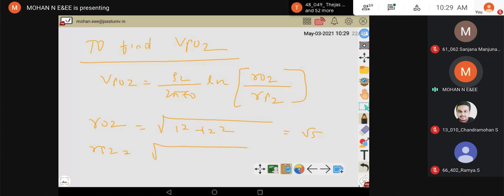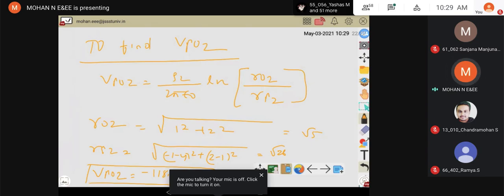For RP2, consider only the x and y coordinates of P. It is minus 1 minus 4 square and 2 minus 1 square, that is root 26. So you get VPO2 as minus 118.54 volts. Okay, this is how you got VPO2.